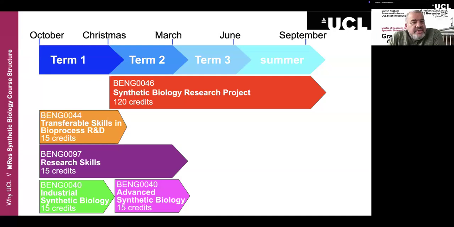Again, BN0097 concentrates on research skills. There are a lot of skills to master. The entire philosophy of the course is looking forward to your future career rather than, let's say, incrementally building on the 3 or 4 year first degree you've come from. The course is a forward-looking course.